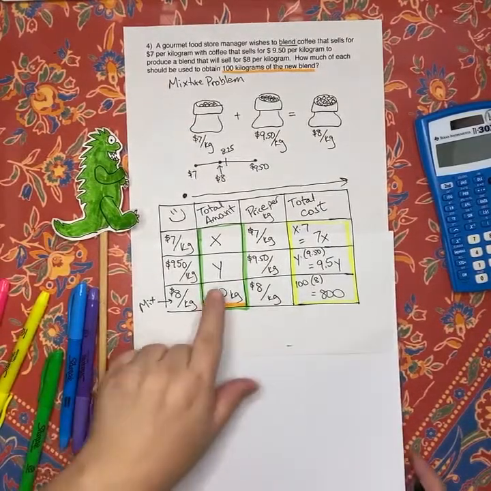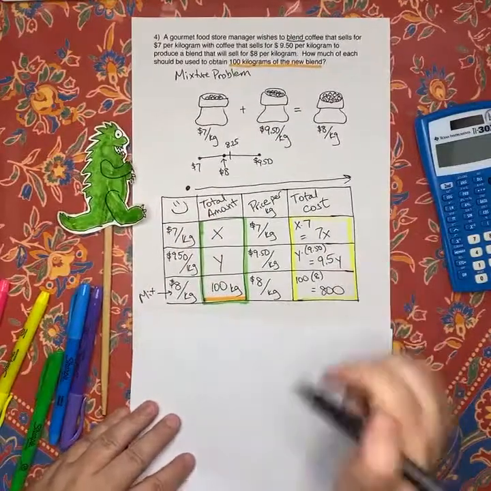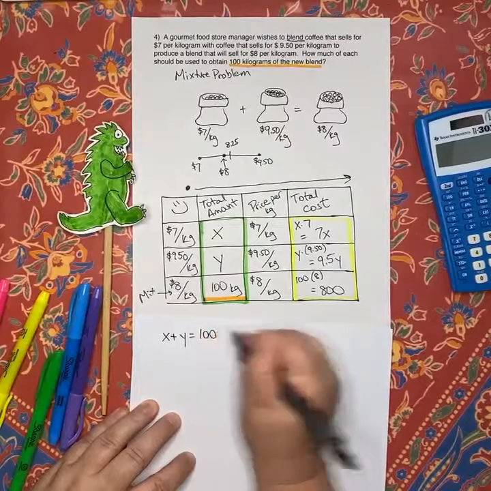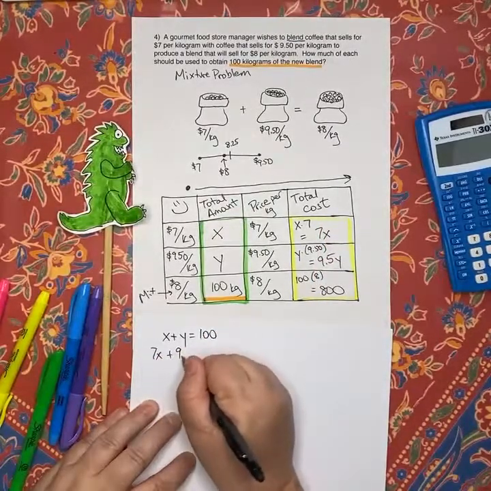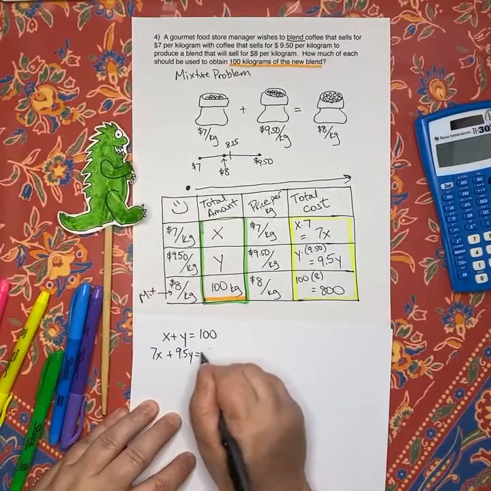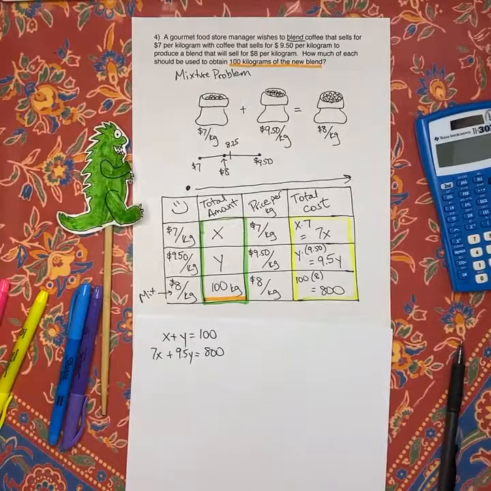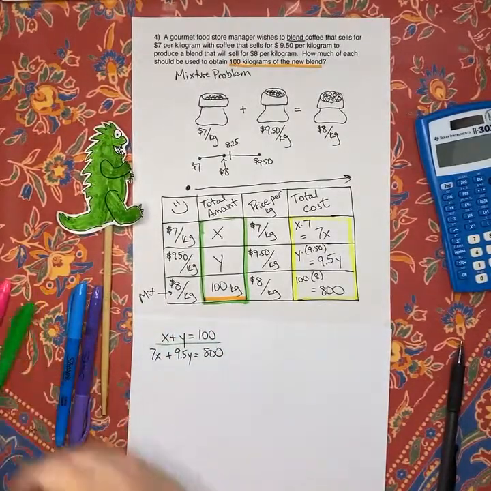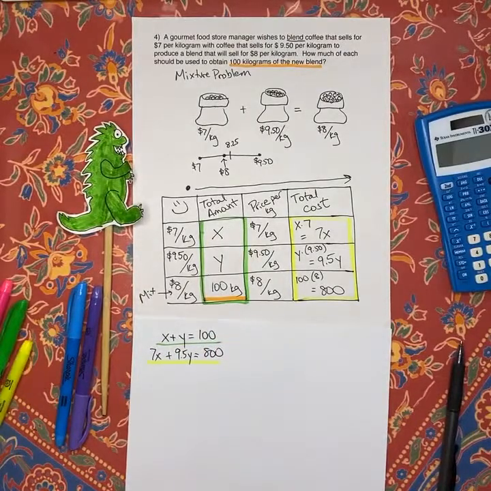The two columns that have variables in them do. So first column, x plus y equals 100. Last column, 7x plus 9.5y equals 800. Here's the green one. Here's the yellow one. So far, so good?